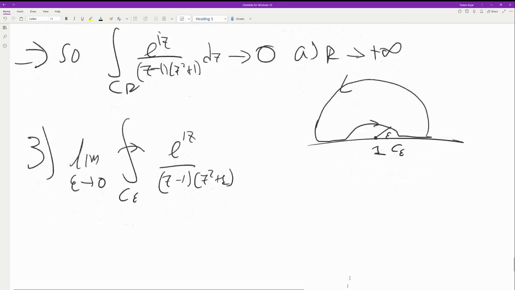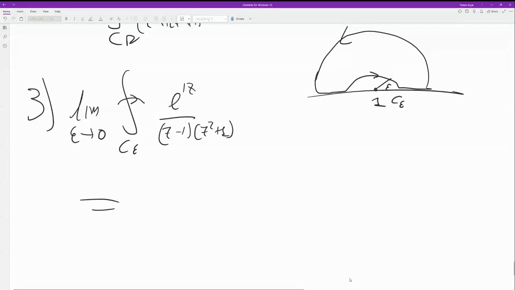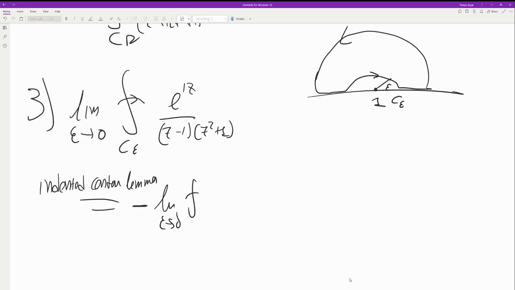By the lemma, you can just use the lemma. If you like, call it the indented contour lemma. This lemma says that this guy is equal to the minus, because you have to switch. It has to be counterclockwise.